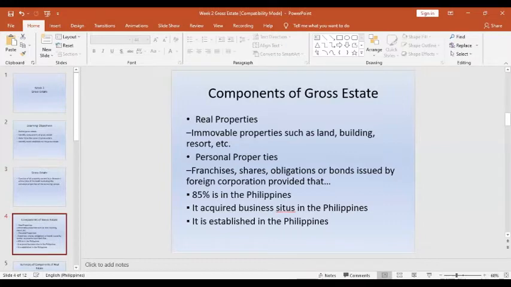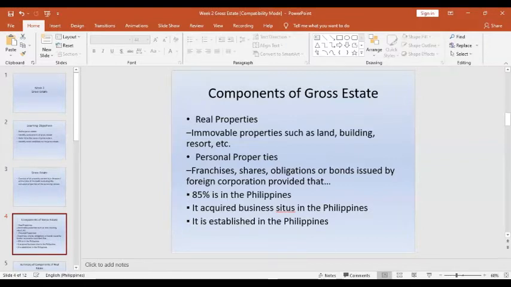So what are the components of the gross estate? The gross estate is composed of the following: the real properties. These are the immovable properties such as land, buildings, and resorts, or any properties attached to the land.